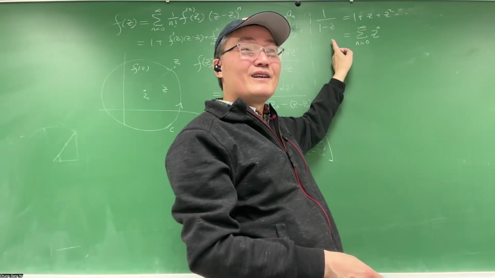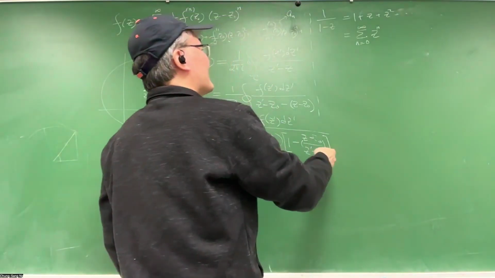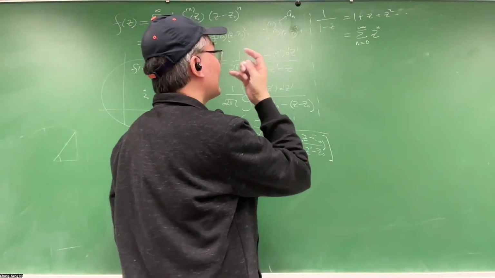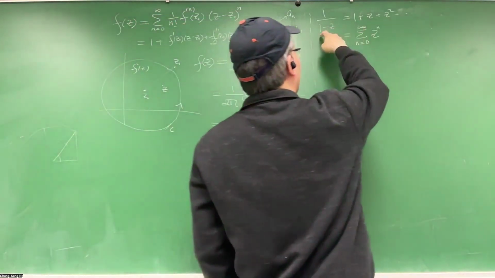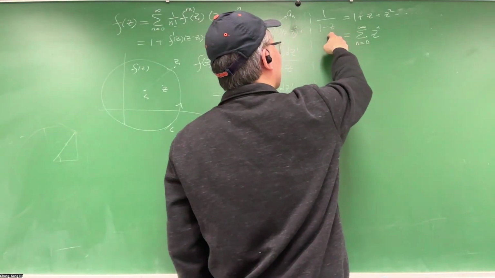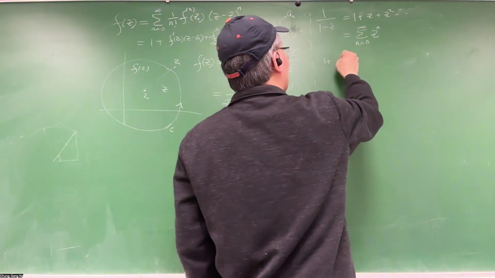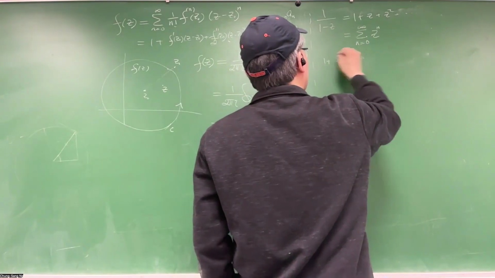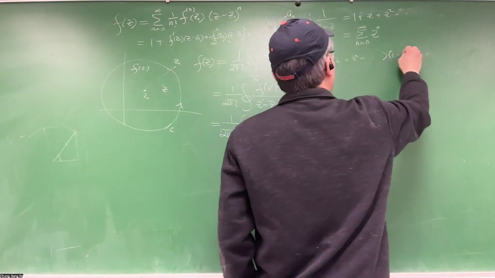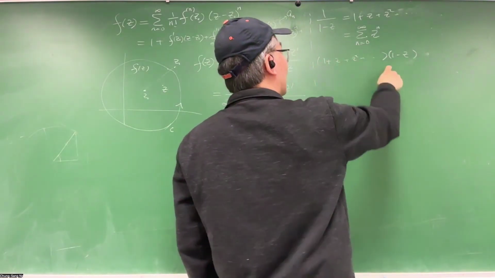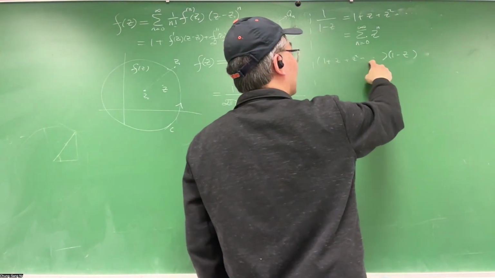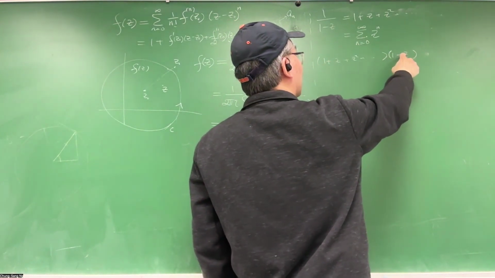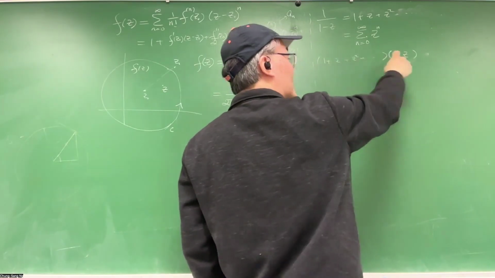Not obvious, yeah. The quick way to see it is just multiply both sides by 1 minus z. You take 1 plus z plus z squared plus everything, multiplied by 1 minus z, and check that. So 1 times this is itself, and then you subtract z times the whole thing.